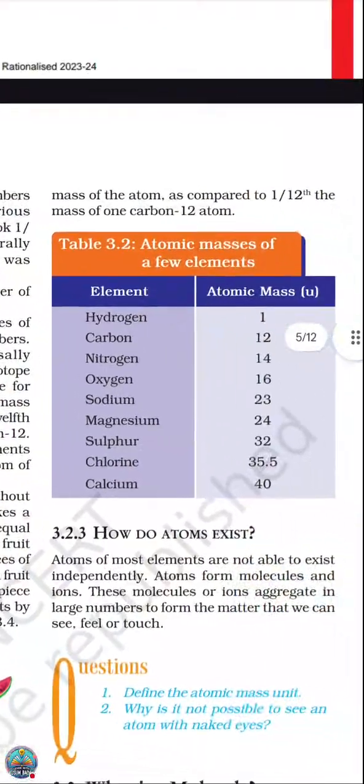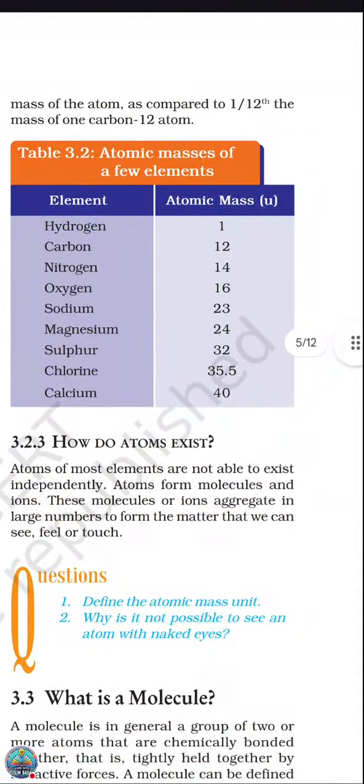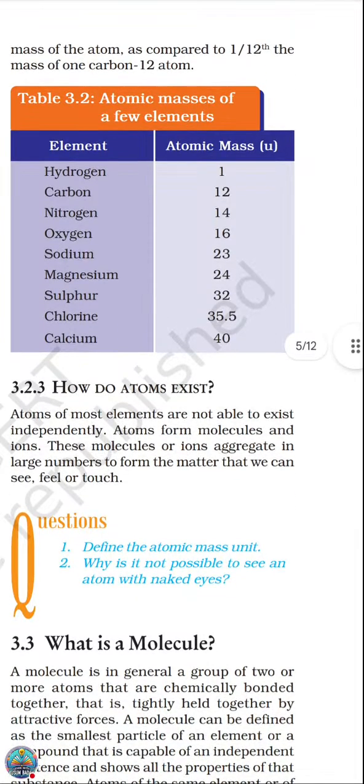Then next one, this you need to remember, atomic mass. Hydrogen is 1, carbon is 12, nitrogen is 14, oxygen is 16. Write down these. Okay, these you need, like while having the valencies and all, you need to memorize them. Finding their molar mass.